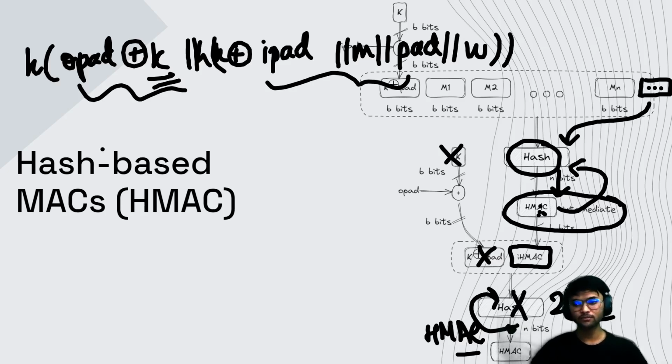This is how HMAC provides better immunity against length extension attacks.